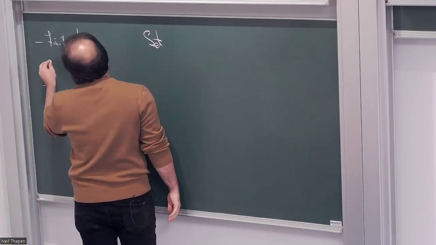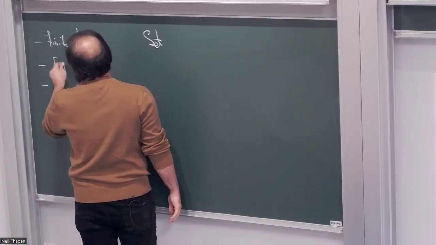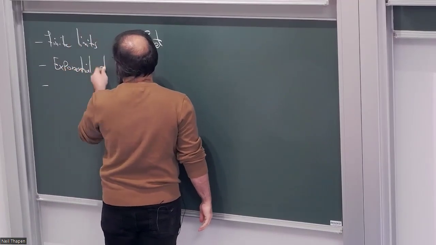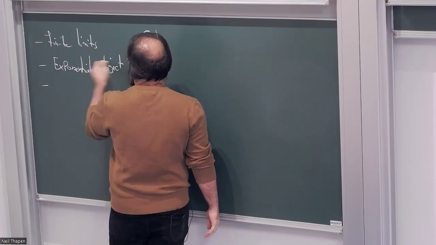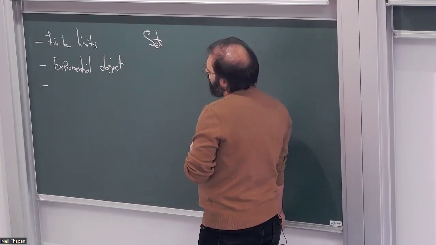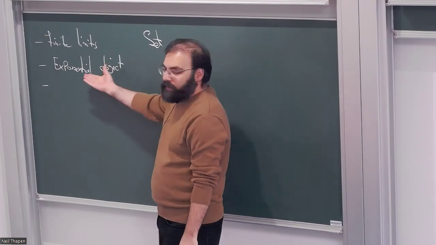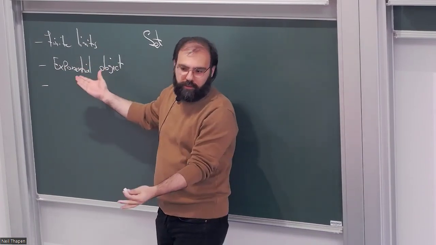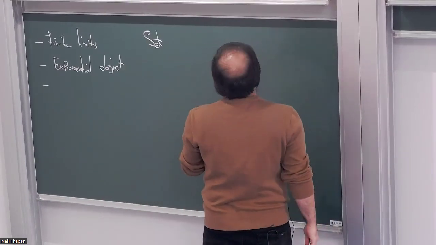Then we also saw the second one, which was the exponential object. The intuition is that it captures the set of all functions from one set to another, right?